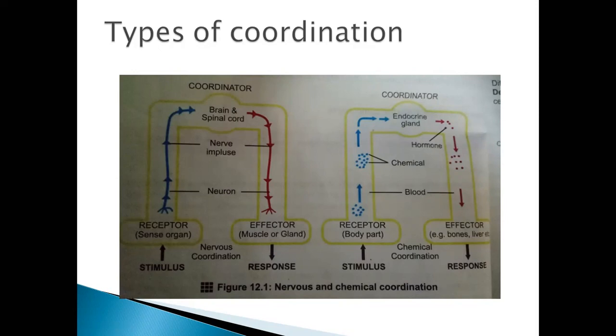Why? Because when you touch a hot object, your brain gives a message to you that leave it, this is very hot. At that time, your muscles perform an activity and you leave that object. This was the effector. The releasing activity was from the effectors and glands. Gland will be for the next thing, that is chemical coordination here. So our nervous coordination ended, and the chemical coordination started from here.